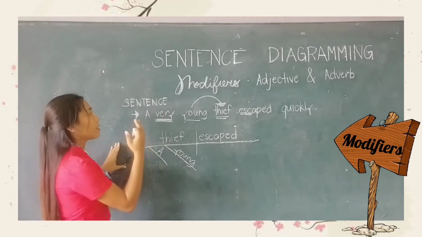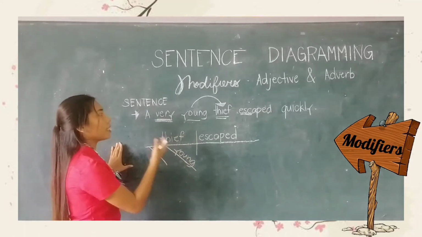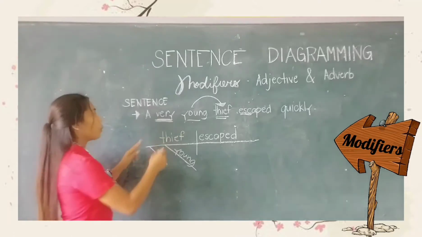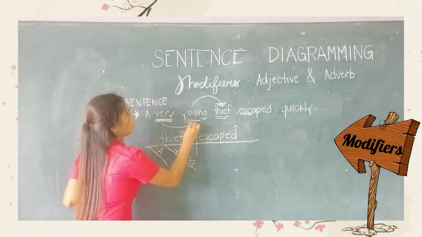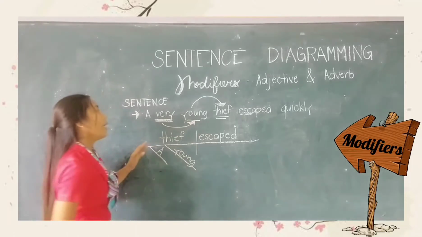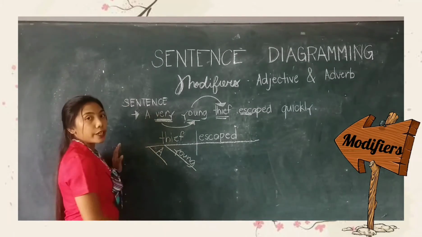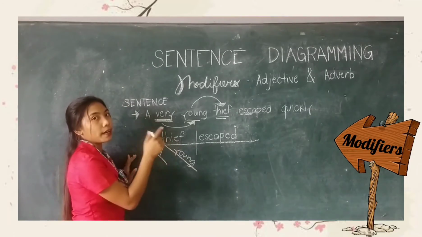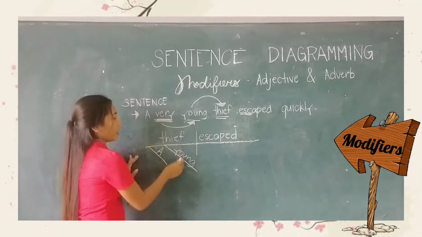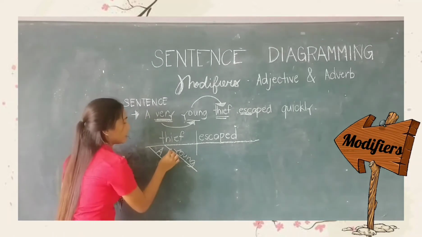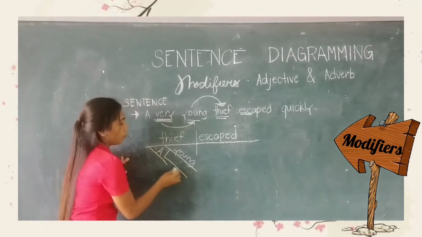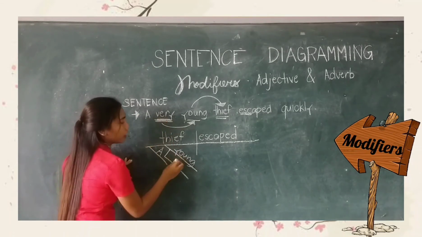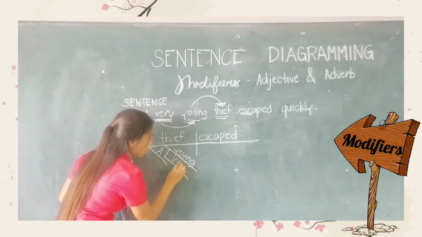According to the sentence, the thief that escaped quickly is a very young thief. How young is the thief? Very young. Therefore, the word very modifies an adjective, which is the word young, and therefore it is considered an adverb. So, an adverb must be right under the word it modifies. It modifies the word young, so we have to write a semi-rectangle and write the word very under the word young. So, very.